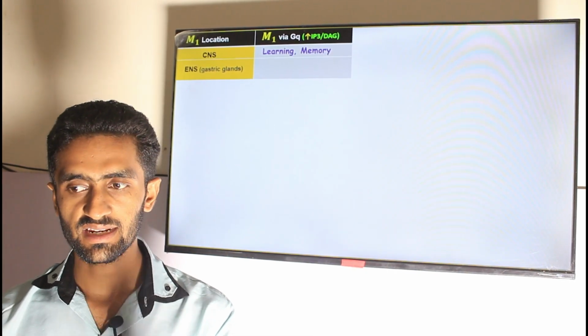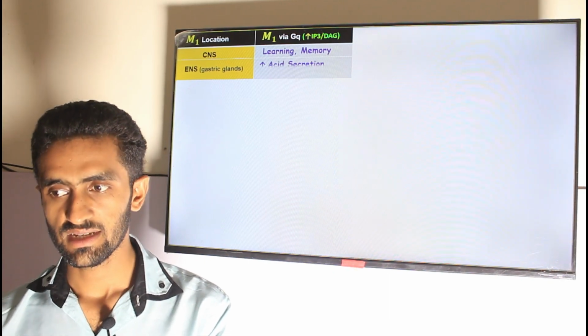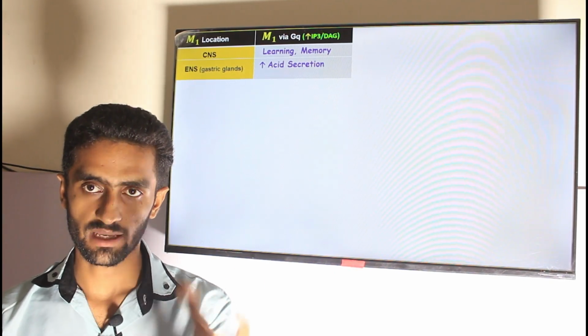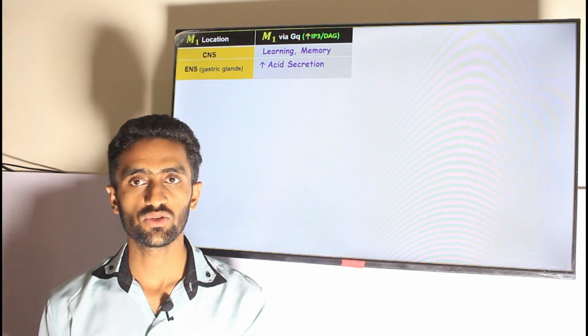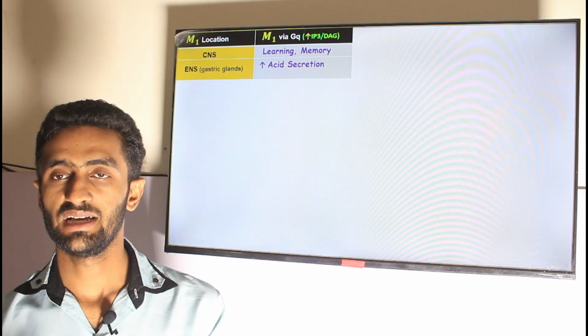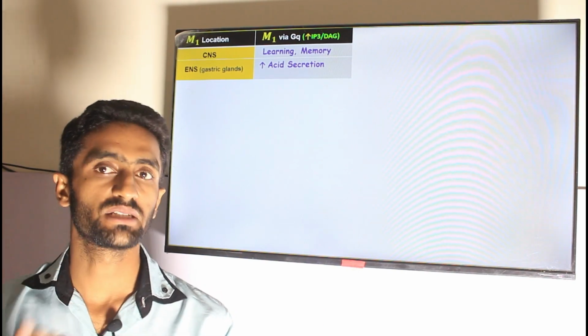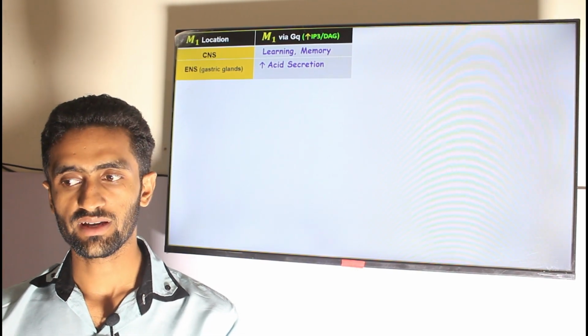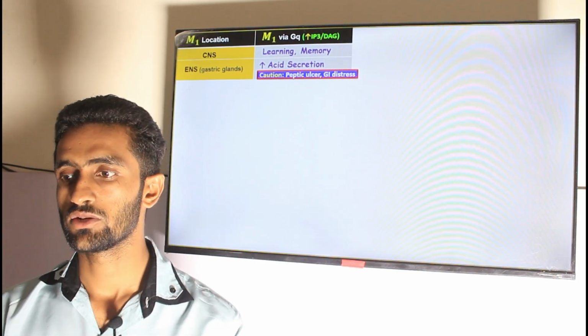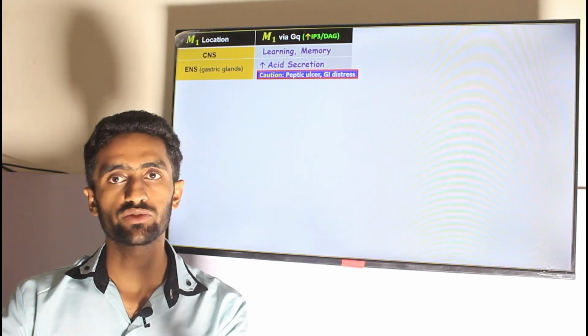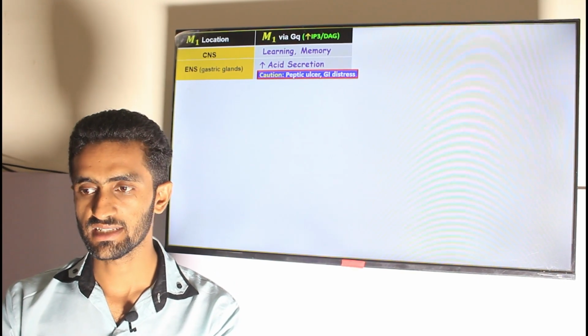So they increase learning and memory in the CNS, and increase acid secretion. Okay, so with increased acid secretion, you cannot give a muscarinic agonist, especially one which stimulates M1, for peptic ulcer or GERD, where the problem is the acid. So you can use the antagonist to treat peptic ulcer and GI distress.